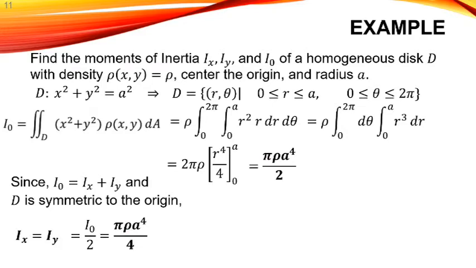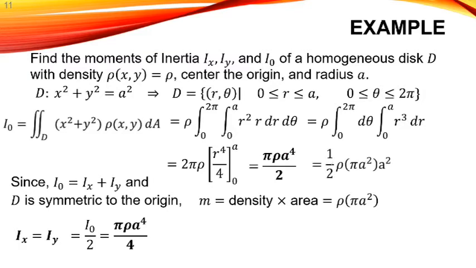Since the mass is equal to the density times the area, density rho times the area of a circle, pi a squared, this moment of inertia at the origin can be changed into 1/2 rho pi a squared times a squared.